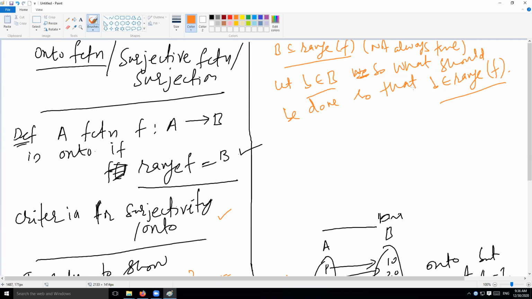So the answer is simple. You know that if you want to prove that something is in the range, all elements of the range are of this form. They are output of something. So if I want to show that b belongs to range of f, then b must be equal to f of a for some a in A actually.